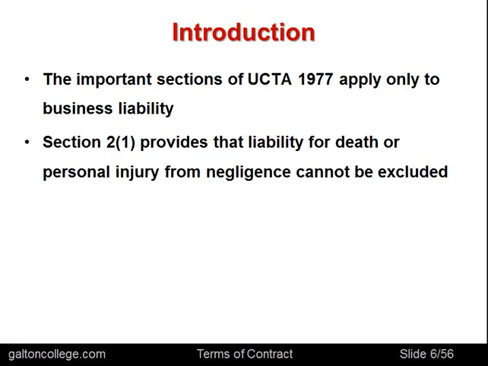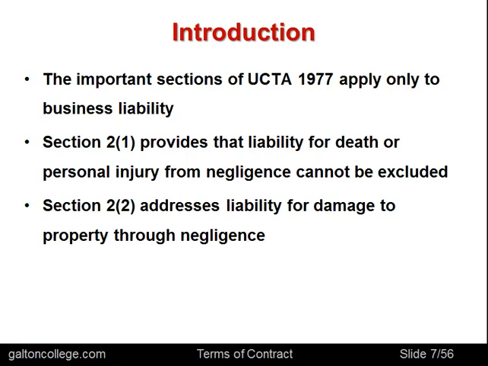So Section 2.1 provides that liability for death or personal injury from negligence can't be excluded. So you can't draw up a contract and say that the contract excludes any liability for death or for personal injury. Those can't be excluded in a contract.